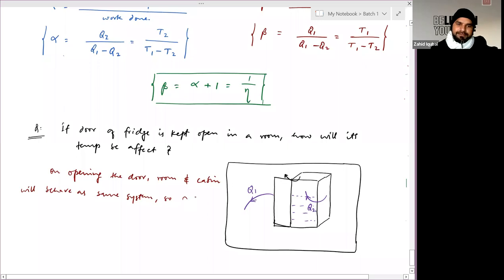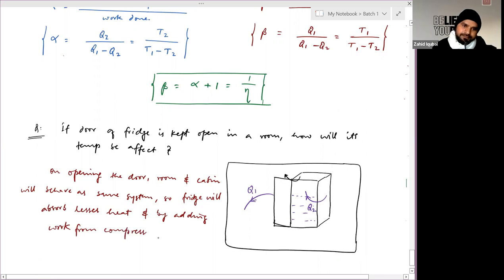So the fridge will absorb lesser heat, and by adding work from the compressor, it ejects a large amount of heat into the same room.